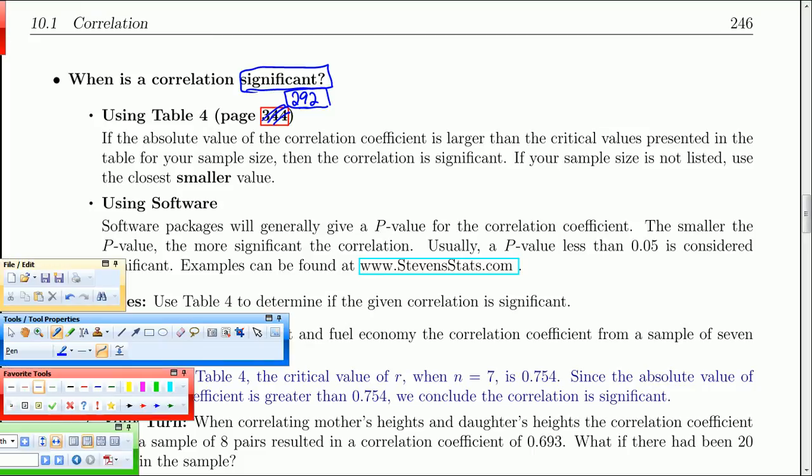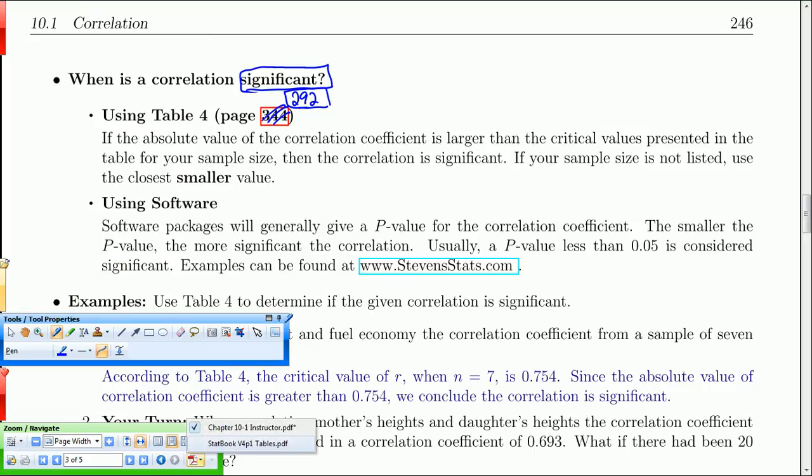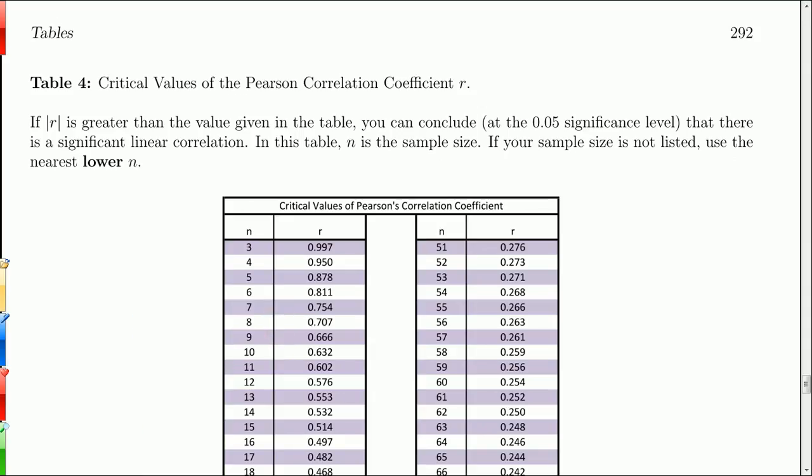So let's go over there. Here it is, page 292. So this is table 4, the critical values of the Pearson correlation coefficient. So here's the idea. If you have a value of R, your correlation is, say, 0.718, and your sample size is, say, 10.